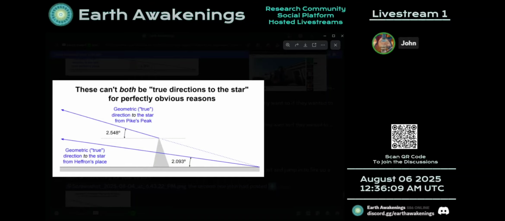And the light that actually gets to Heffron's Place, to where it touches the Earth there at the far right, starts curving down, skims the peak, and then joins the light from the peak, travels along the same path, obviously, as light from the peak does, to the observer's eye, which is over there at the right where the red line hits the Earth.